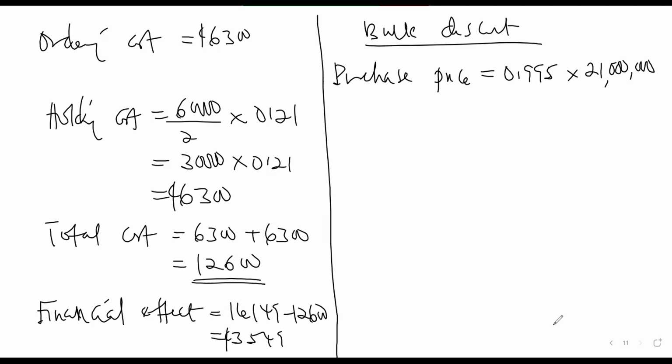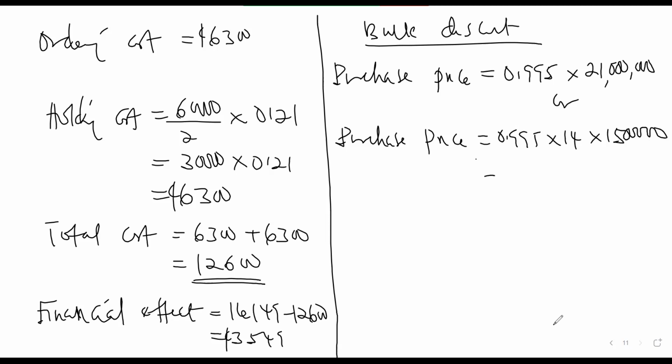This can also be calculated as this: the new price, which is 0.995 net of the discount, multiplied by 14, multiplied by the quantity that you are buying. So what are you getting? 28,950,000.